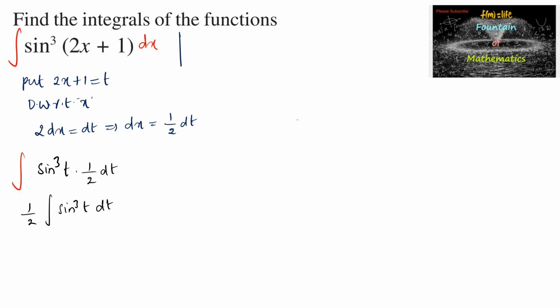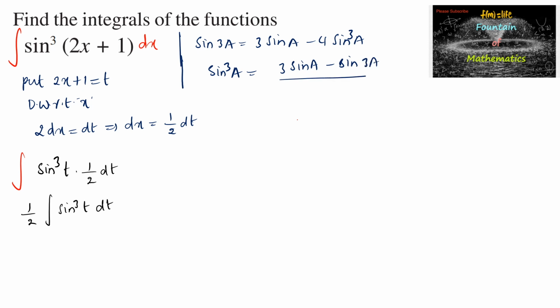And we know the sine 3a formula: 3 sine a minus 4 sine cube a. So from here we can write sine cube a is equal to (3 sine a minus sine 3a) upon 4.